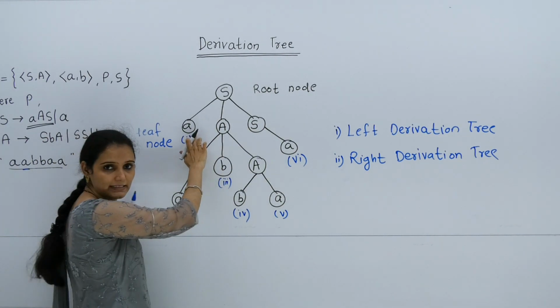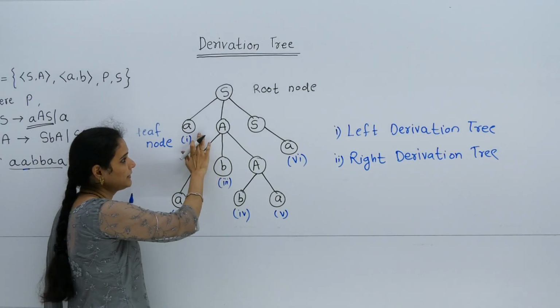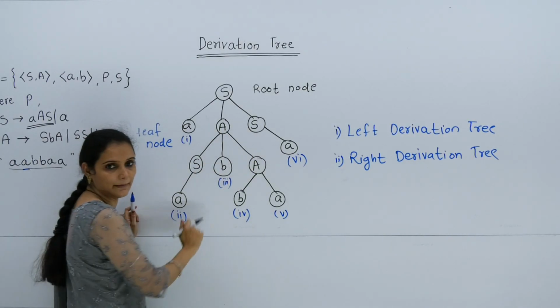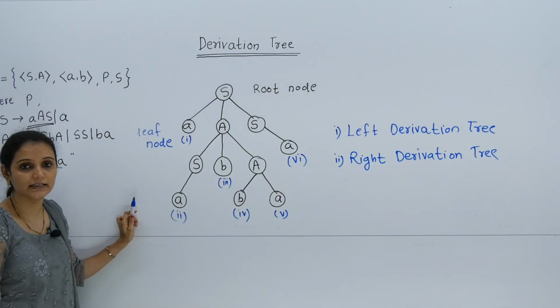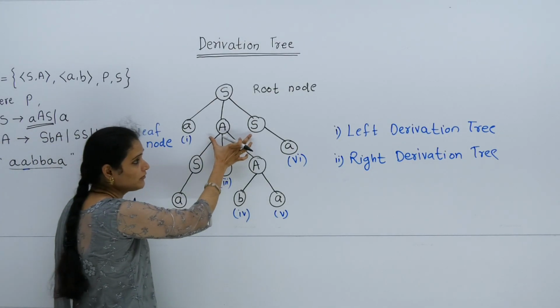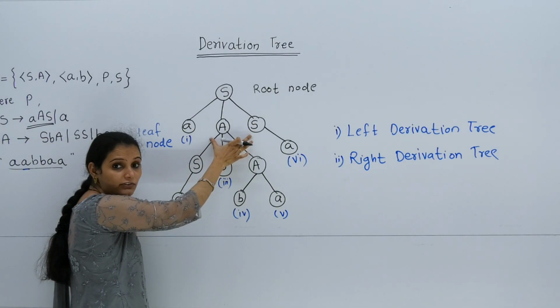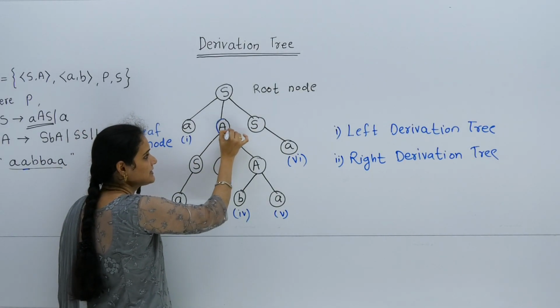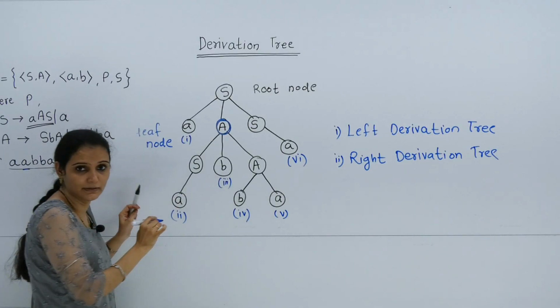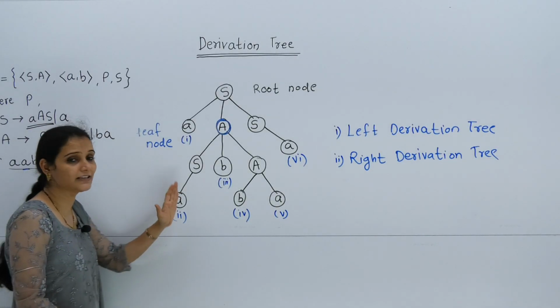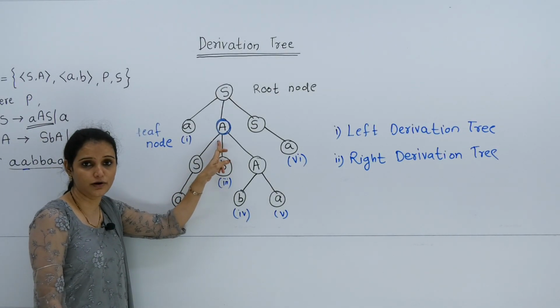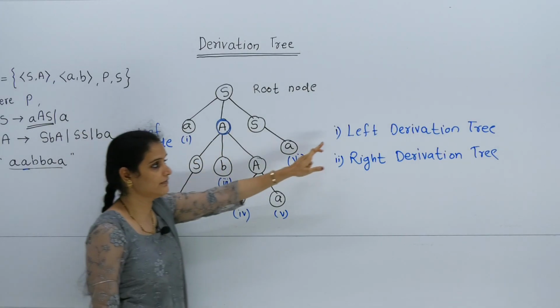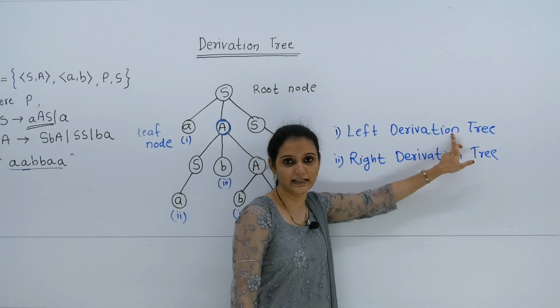Here the small letter is a terminal, so we are not using that. Capital A and capital S, these two are the non-terminals, and out of these two, which is our leftmost non-terminal? That A. That particular A is the leftmost non-terminal, and we are always replacing the leftmost non-terminal. That kind of derivation is called a left derivation tree.